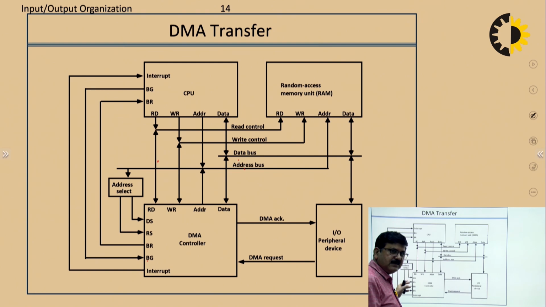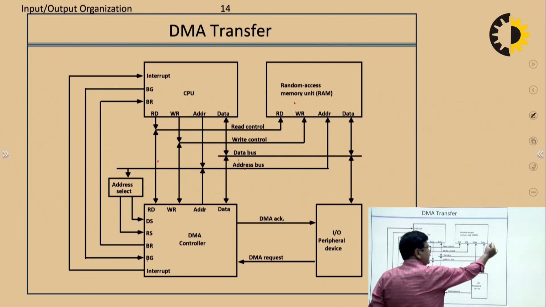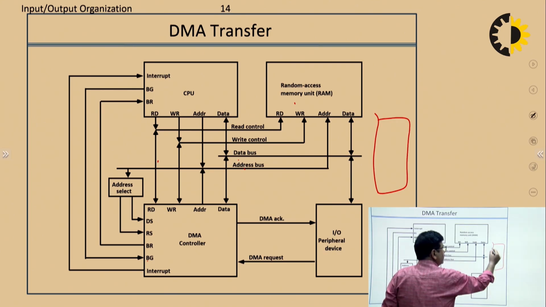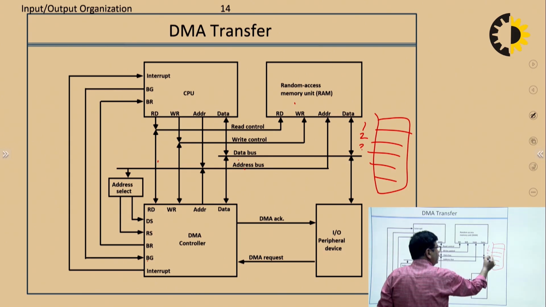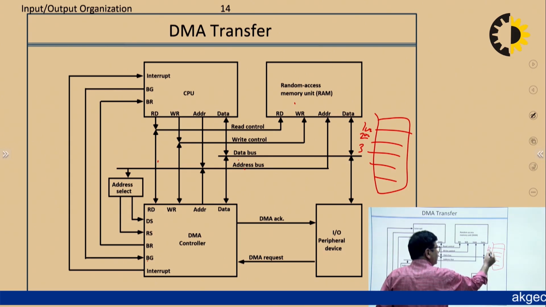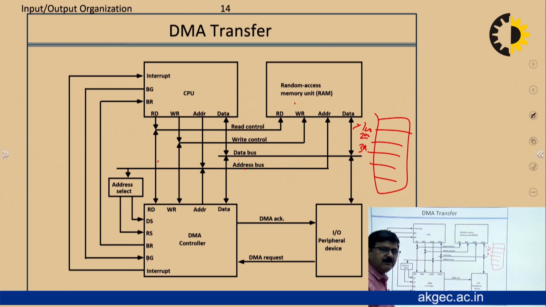By address select it tells from which starting address, which address of the memory we have to read the data, for example 100, 200, 300.